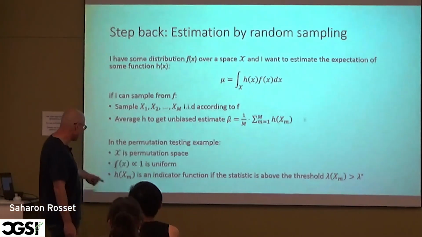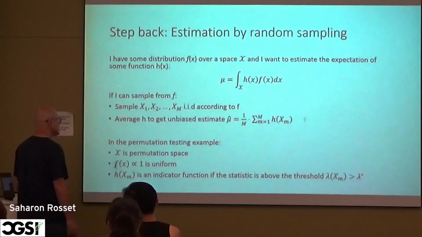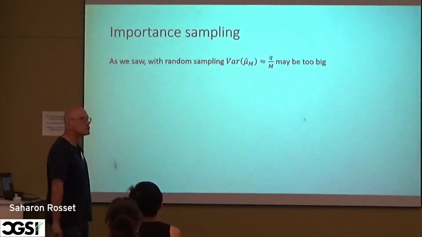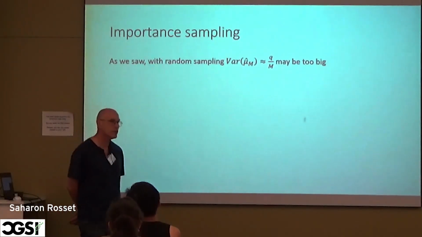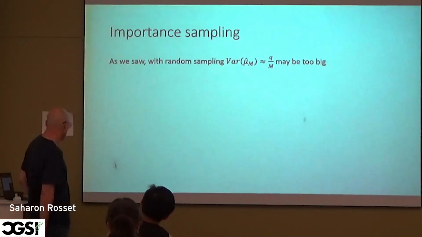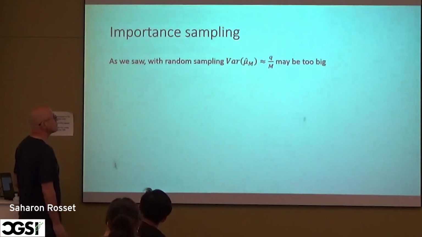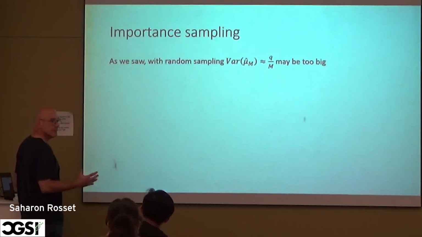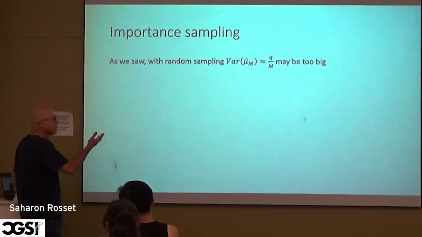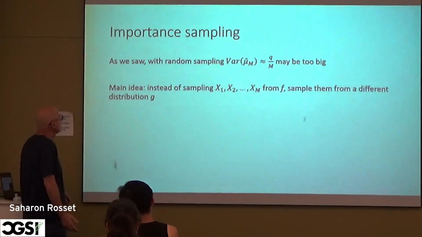And in the instance of permutation testing, this is exactly the problem we had, that the variance was too big for us unless the number of permutations was overwhelmingly big. So we need to find a way to deal with this big variance of the sampling-based estimate. In this case of permutation tests or of permutation p-values, but it's a general problem.